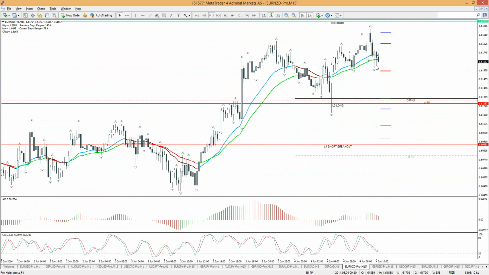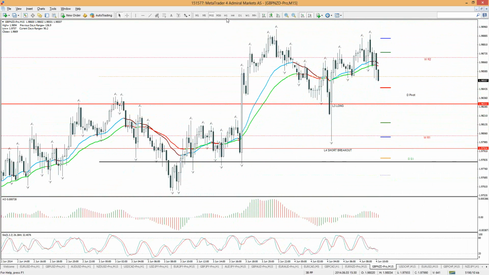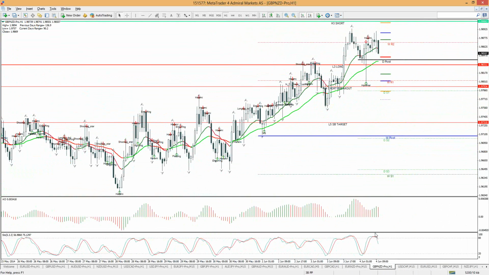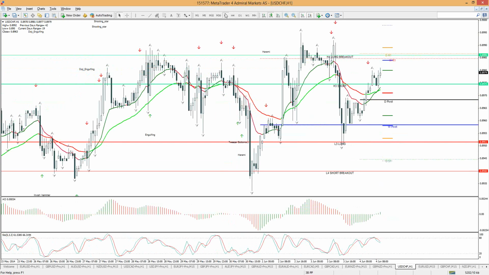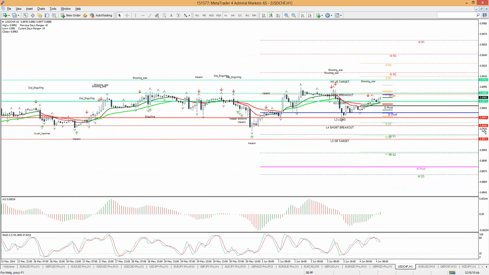Euro New Zealand in an uptrend, but the polls are losing control right now. Same for the pound New Zealand. Dollar Swissie, yeah, not so aligned as that. Just barely got the alignment here on the hourly. So that could be interesting to the upside.